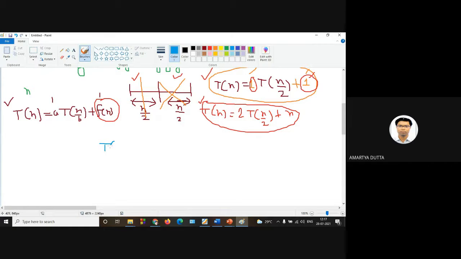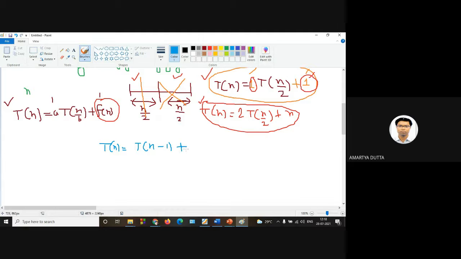T(n) is the running time of Tower of Hanoi. If you recall the problem, in the first step, we move the n minus 1 disks from source to the auxiliary using destination.